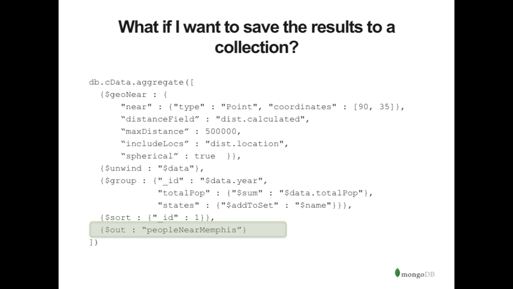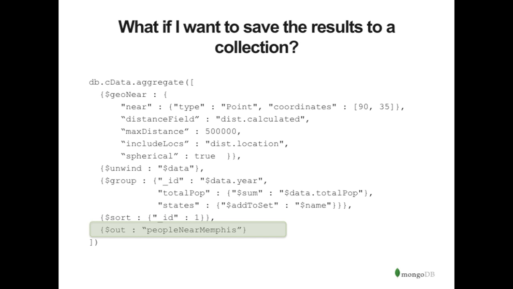But one of the new capabilities that we added in MongoDB 2.6 is the ability to output the results of an aggregation query to a new collection. So in this case, I have that same geospatial query we just walked through, but I added a new pipeline stage with $out, which is the name of the collection that I want my result set to be written to.